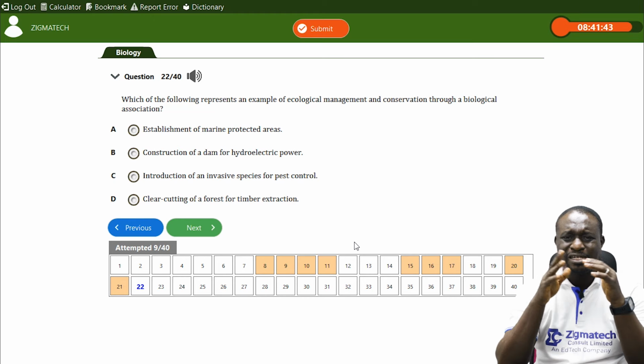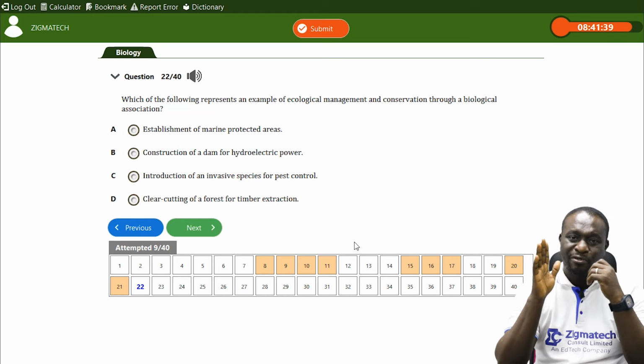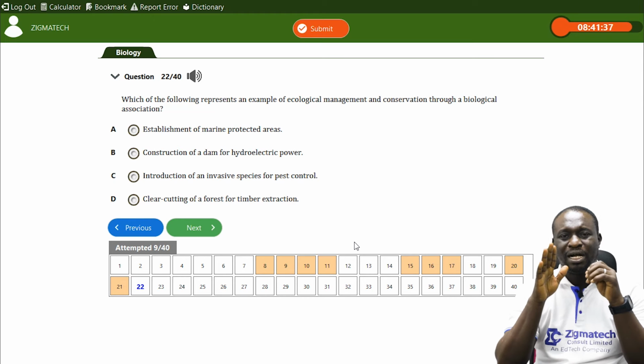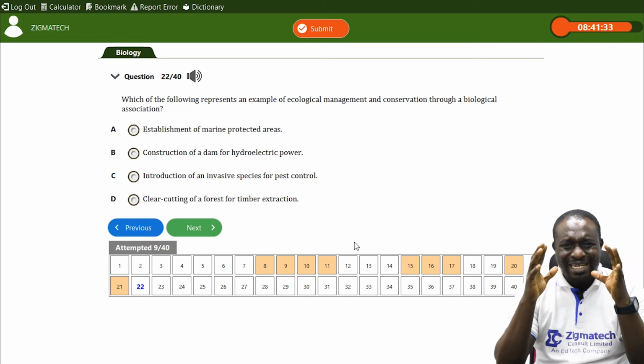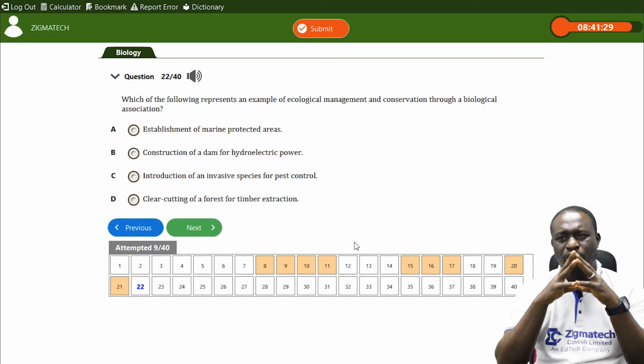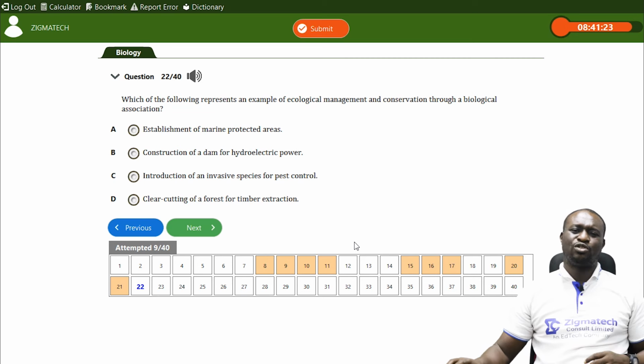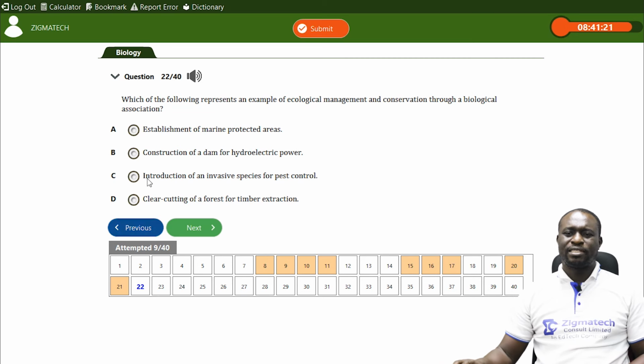We have the dolphins. So establishment of a protected area for these marine habitats is actually a way of managing and conserving natural ecosystems. So the correct answer to this particular question is option A.